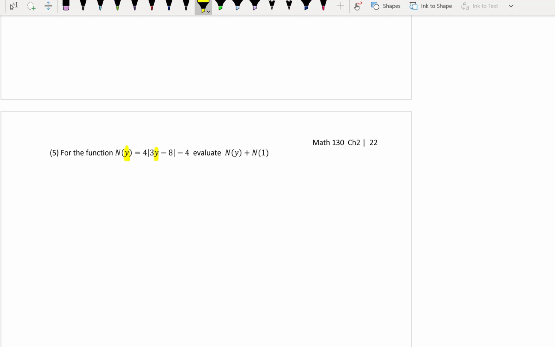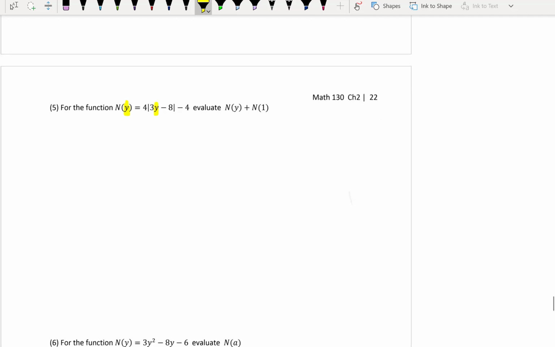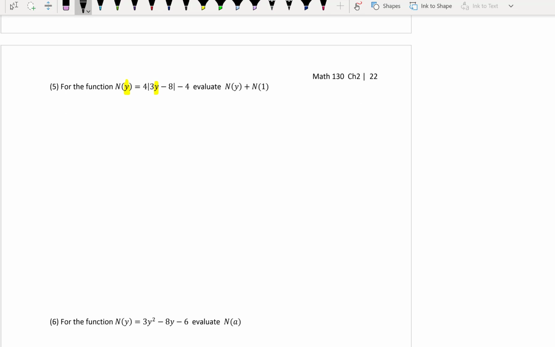But now that you have your y value for your function equal to the y variable inside of this right-hand side, we want to evaluate n of y plus n of 1. So now, this is saying, hey, let's see what happens. So we have our n of y plus n of 1. You think of this as just writing down my original equation. That's exactly what I have.